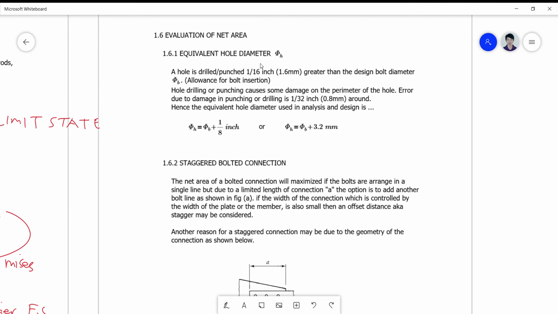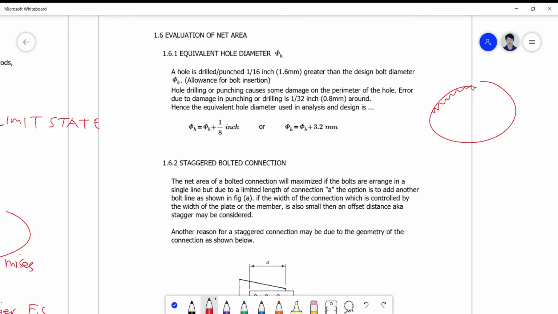Hole drilling or punching causes some damage on the perimeter of the hole. So there is now an additional error due to the damage in punching or drilling, equivalent to 1/32 inch or 0.8 millimeter around. So if we make use of two sides, this is now your error due to punching.